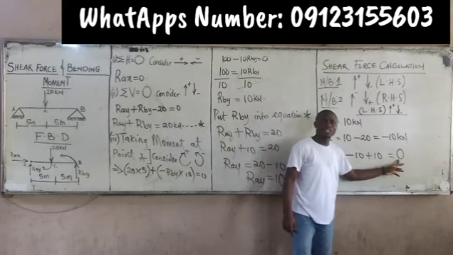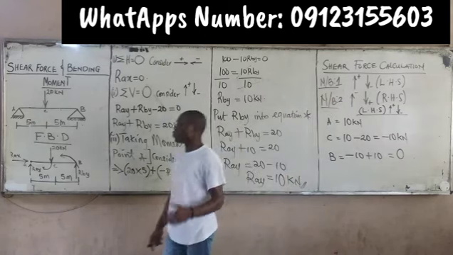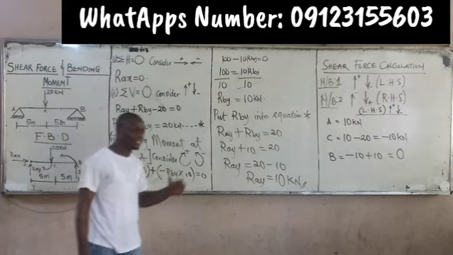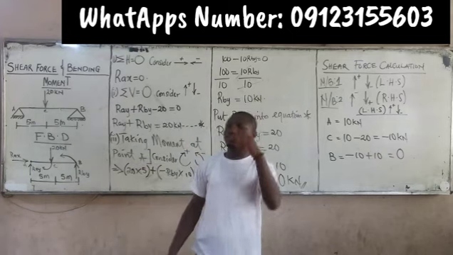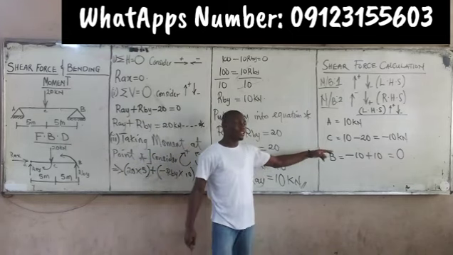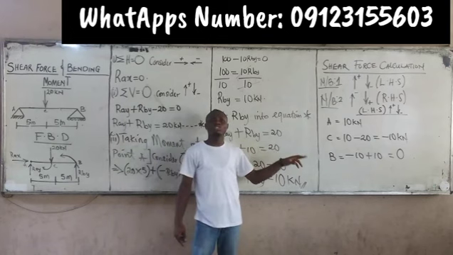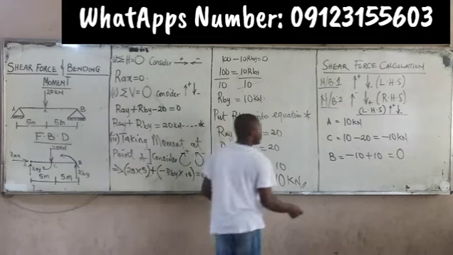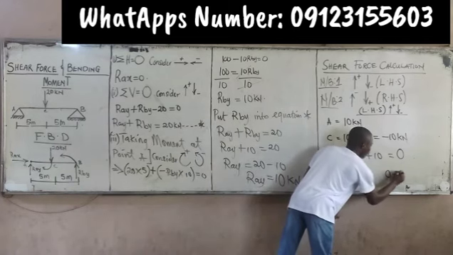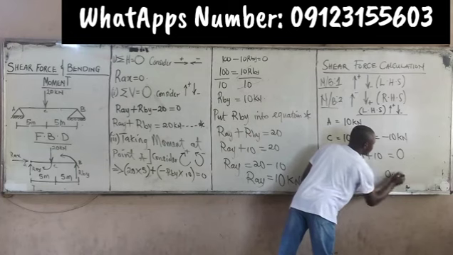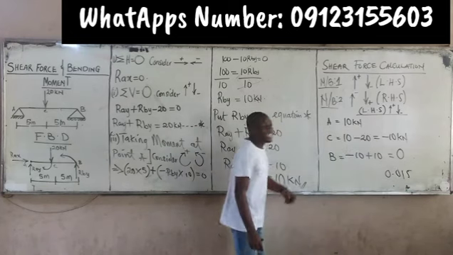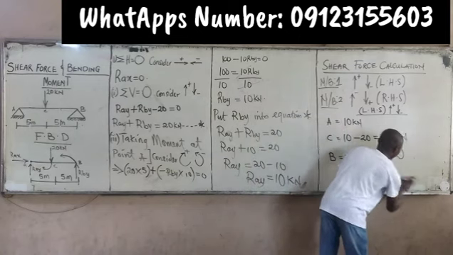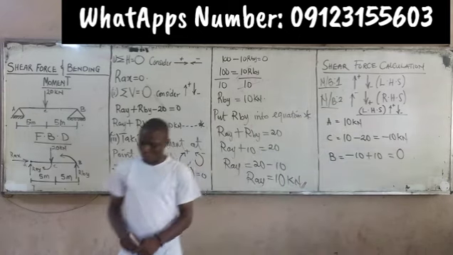Please know that. Any calculation you do where your shear force ends with a value there is wrong. Shear force must always equal 0. In some cases, the answer might be 0.015. It's still approximately 0. So your answer must be equal to 0.